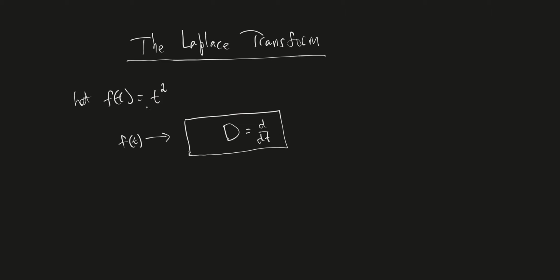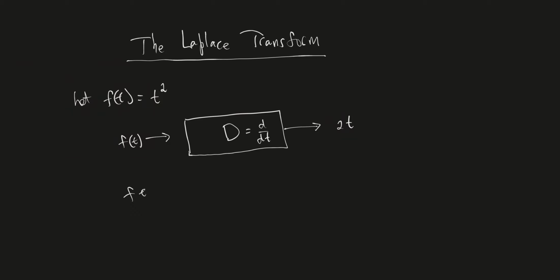If I transform this function using this process, then I would end up with 2t, just applying our derivative rule. Again, we don't necessarily think of it this way, but that's what a derivative is. It's a set of rules that transform one function into another function, and we know that this result gives you a lot of meaningful information about the original function.